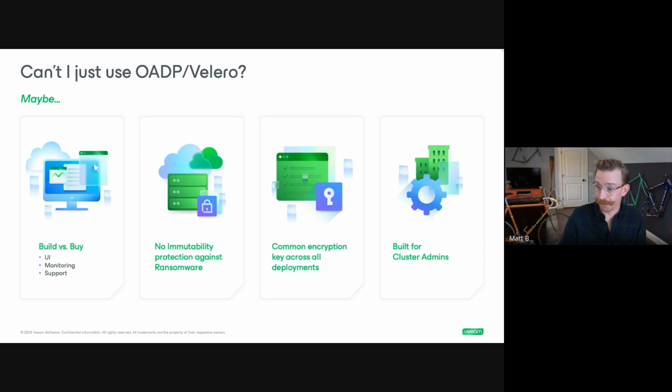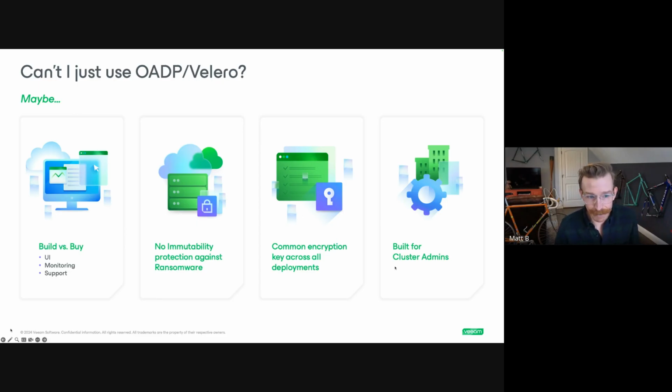Kasten has per-policy and per-namespace generated encryption keys that you can manage, with the primary encryption key managed through the product or through external KMS solutions. So being able to strengthen the integrity of those backups, making sure that if someone gains access to that bucket they don't then have access to all of your data, is a very big deal.